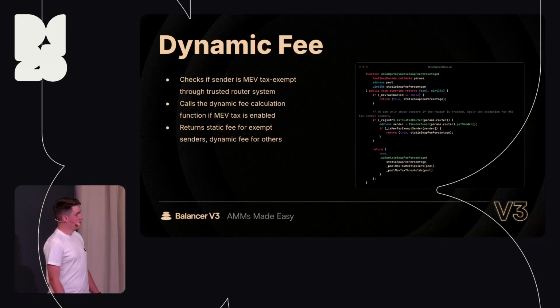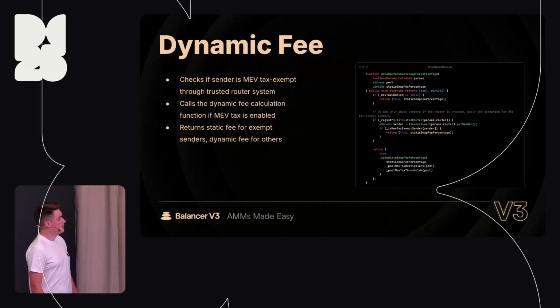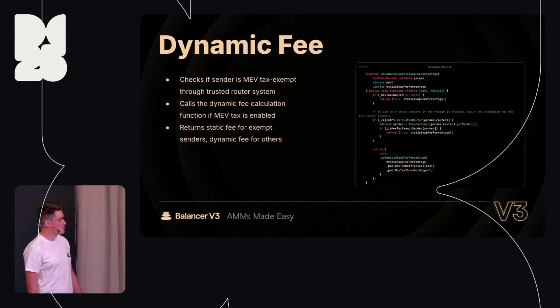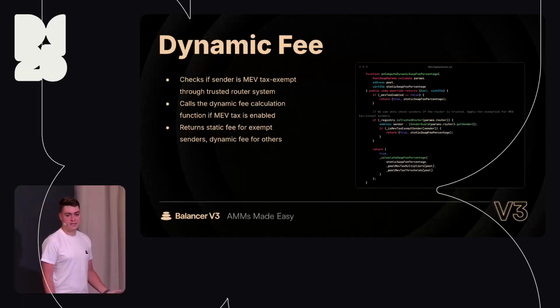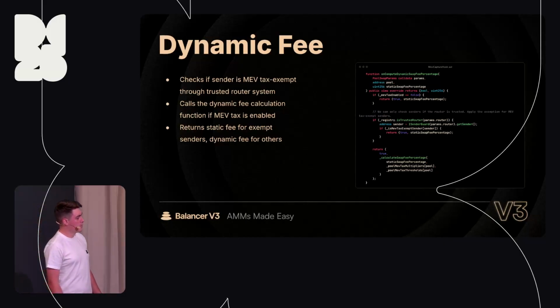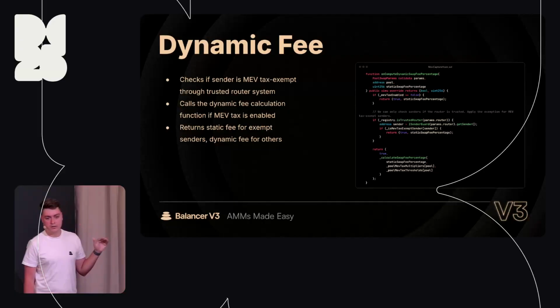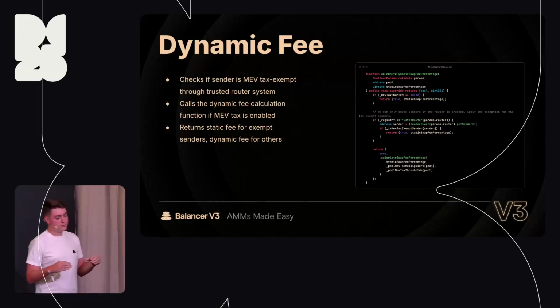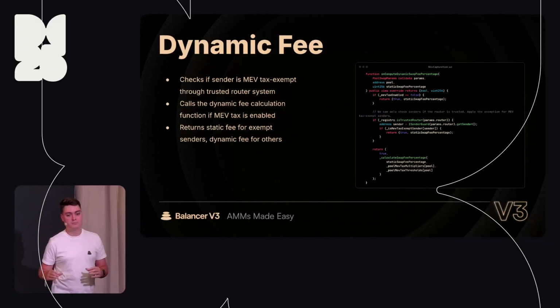And then the most interesting logic is really the dynamic fee. One thing that I already mentioned, and the first thing that happens in this function, is we check the sender to see if it's exempt from the MEV tax or not. And in order to do that, we have to use this trusted router function, because anyone can call the vault, and anyone can tell the vault that someone is performing the swap, even though it might not be that person.